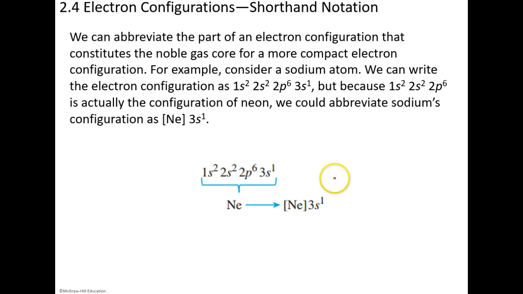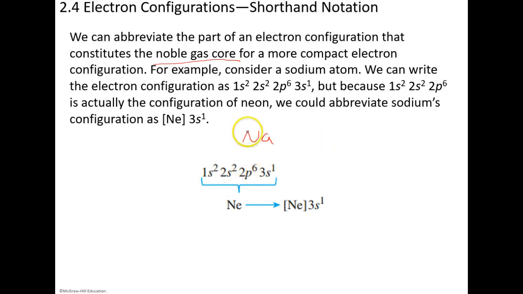This is an abbreviated form, okay? Let's say you're doing a very long electron configuration, okay? And what you do is you do what's called a noble gas abbreviated form, a noble gas core abbreviated form. So for example, this atom, I believe, is sodium, okay? Sodium is a 1s2, 2s2, 2p6, 3s1.